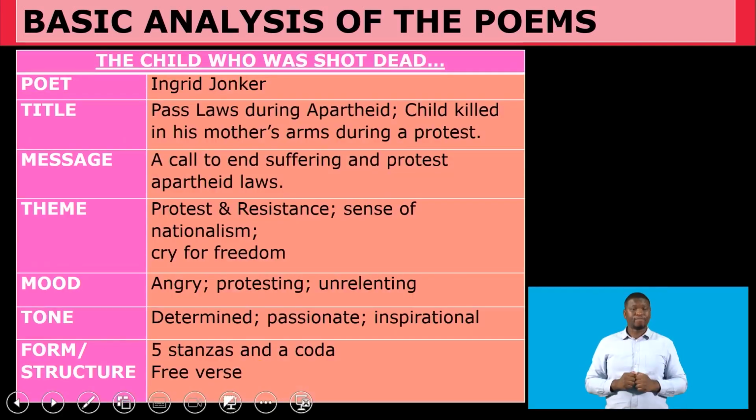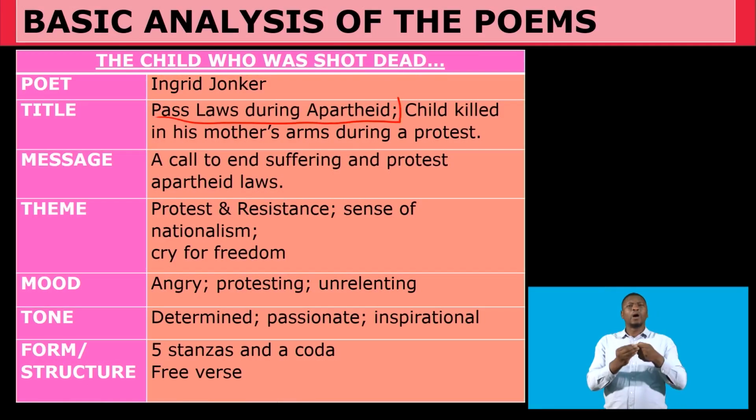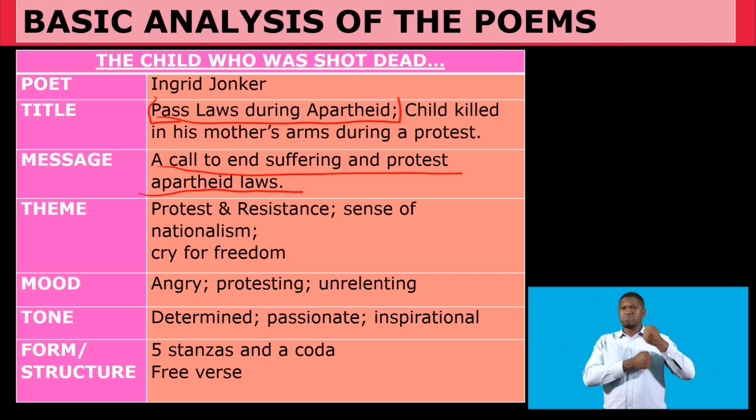The next poem is called A Child Who Was Shot Dead. This is written by Ingrid Jonker and translated from an Afrikaans poem. This poem speaks to the past laws during apartheid. So here we are dealing with an apartheid poem. The message is to call an end to the suffering and to protest the harsh apartheid laws. The theme is one of protest and resistance, a sense of nationalism.